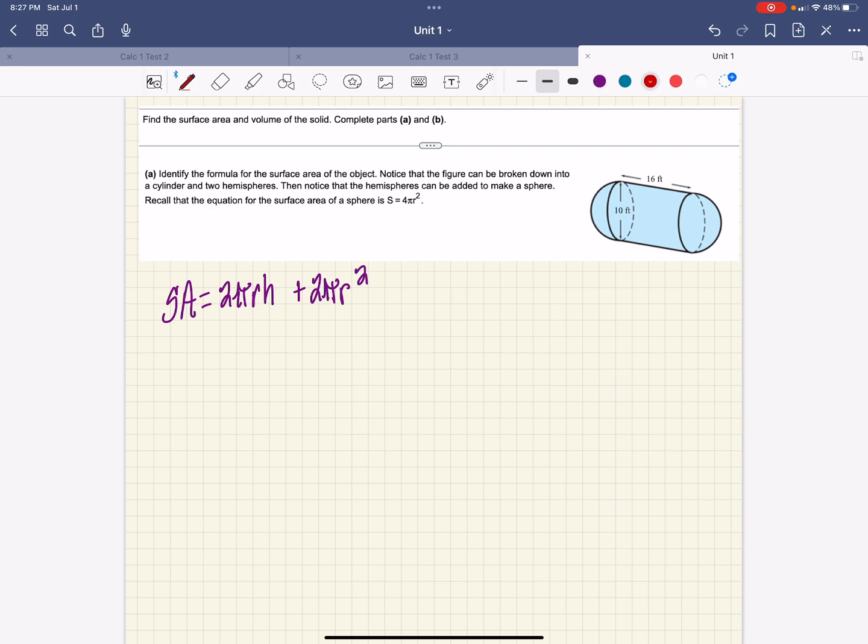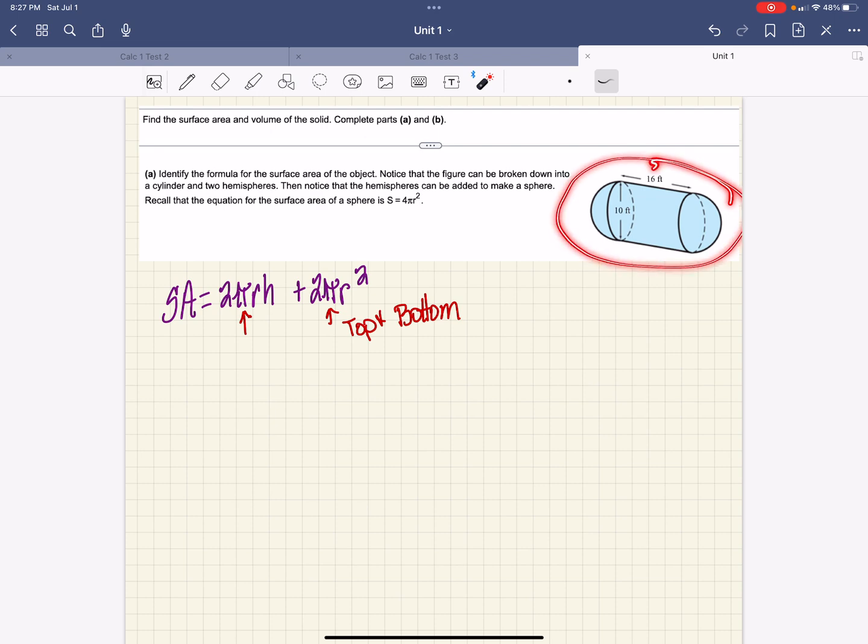Now, this part right here is the rectangle that the middle part of the cylinder makes. This part right here is the top and the bottom of the cylinder. But we don't need that in this picture because we've got a sphere at the top and the bottom.